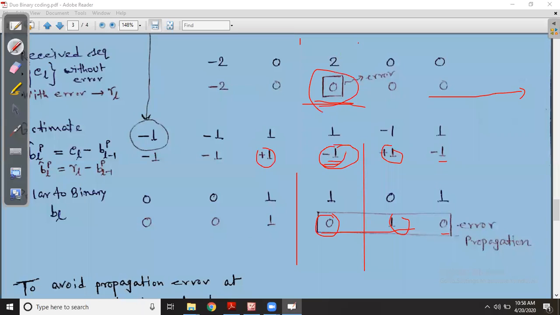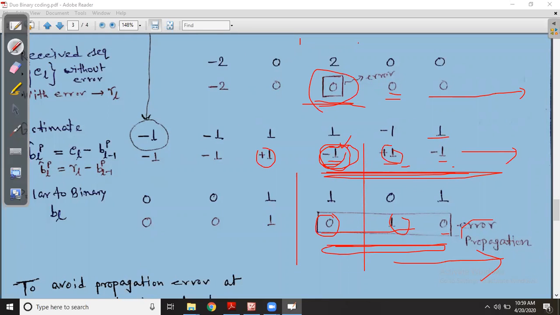So here error is introduced, so this minus this, and then this is already an error term. This minus this is this one, this minus this is this one, so error will continue. And these are the voltage levels, these are the bit stream, so definitely voltage level is converted into bit stream. So if error is in the voltage level, error will be there in the bits also, and it continues. So this is known as error propagation.